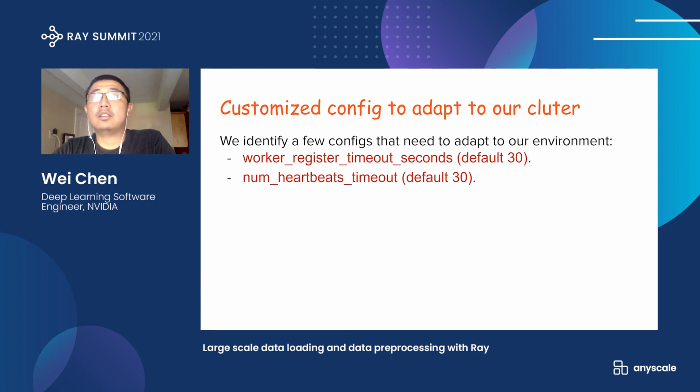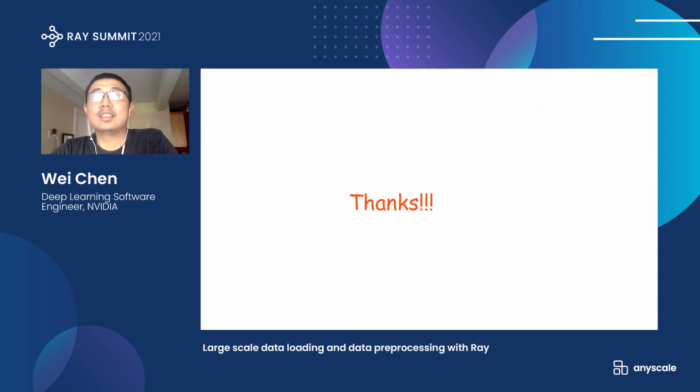In our container-based environment, this timeout needs to be a little longer than the default 30 seconds. Otherwise, we see a lot of worker registration timeout issues. The other one is the heartbeat timeout. The heartbeat between the actors and the raylet has a default timeout of 30 seconds. But in our environment, especially when we are running IO-intensive workloads like data loading, the default value is not sufficient, so we need to increase this value a little bit.